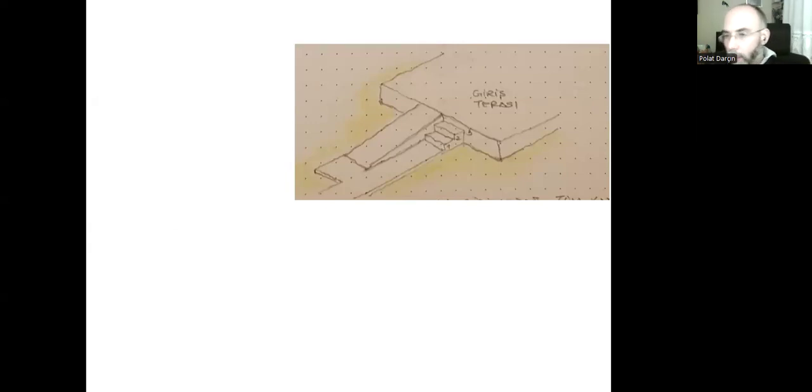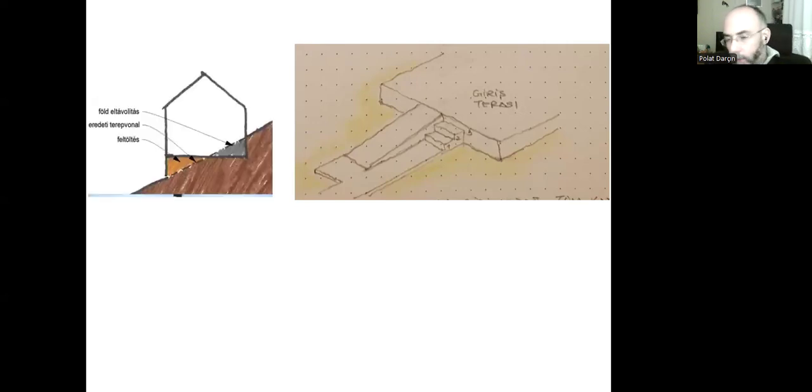But when we have that grade level, we need to provide steps for the entrance of the building, but when we do the steps, we need to design a ramp so that people with wheelchairs, walking disabilities, older people, younger people, people who need to carry stuff can use the ramp as an alternative.